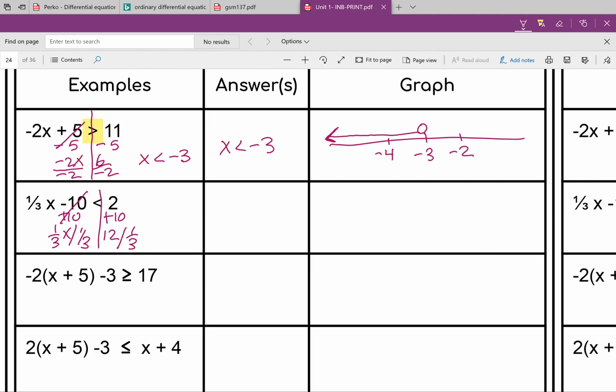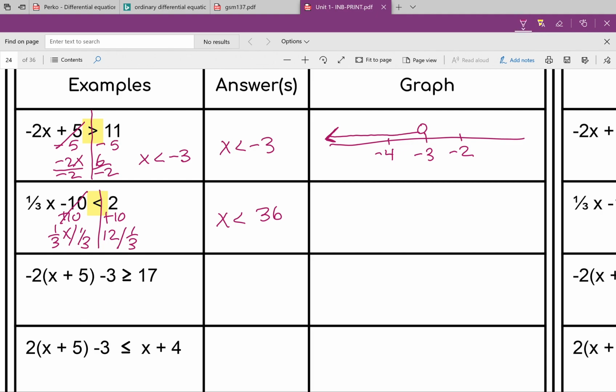Since we're dividing by a positive number, our symbol does not change. So we're left with x is less than 12 divided by 1/3, which is 36. Okay. Notice my sign did not change.